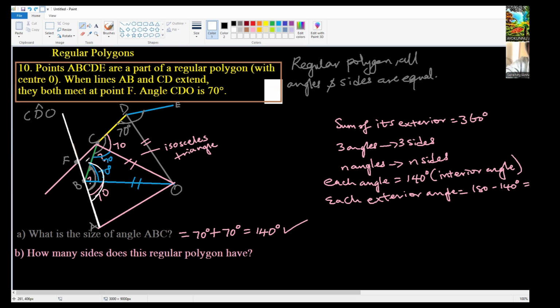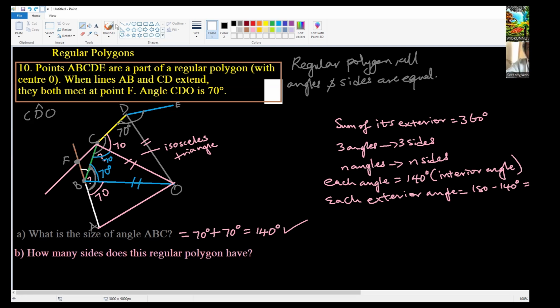If you extend it beyond the green line, it is 180. And you already have a 70, another 70, then there must be 40 to make 180. Is that clear? Okay. Good. So that means the angle outside is going to be 40 degrees. So that's the exterior angle.